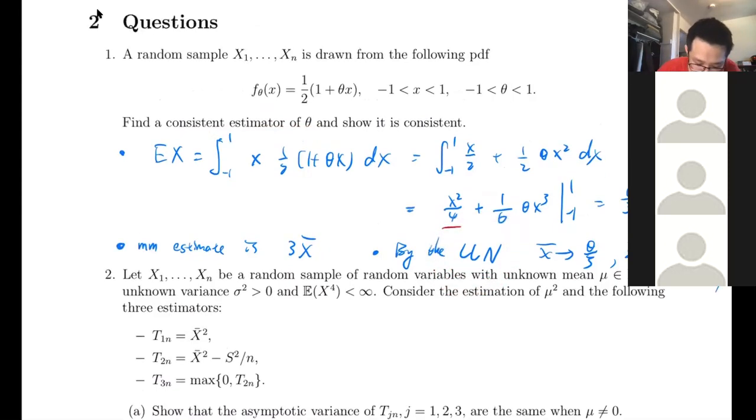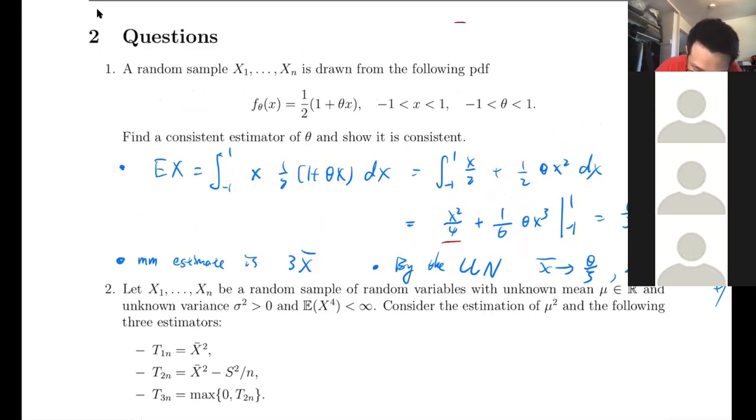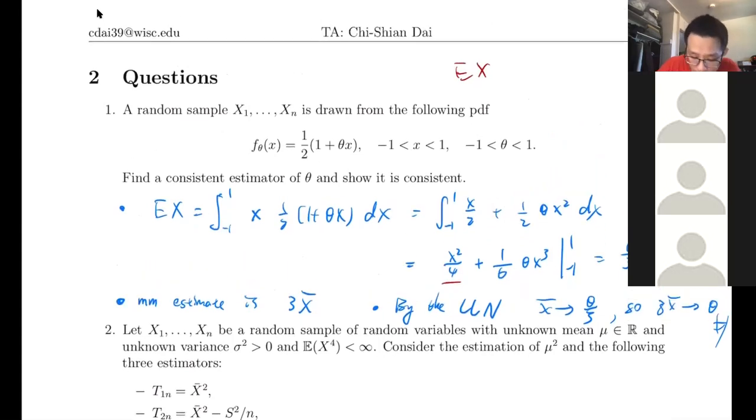And so usually the average of x will equal some function g of theta.